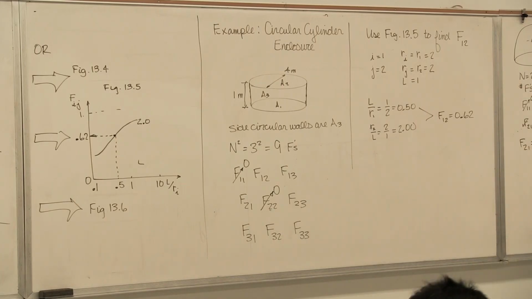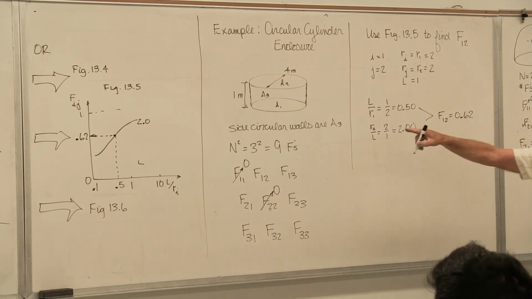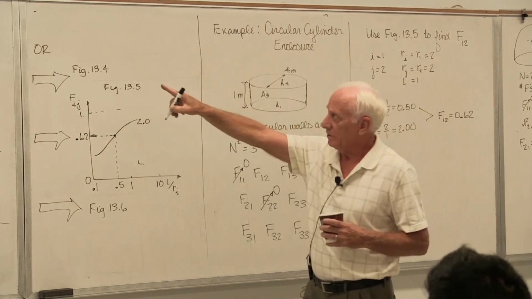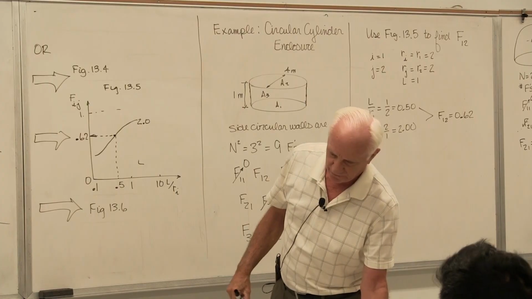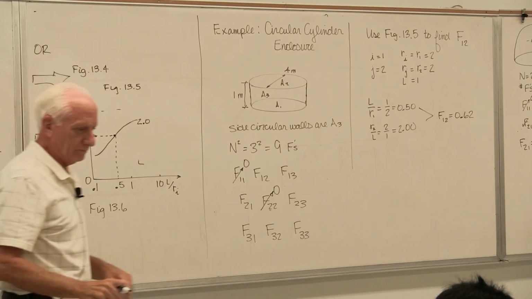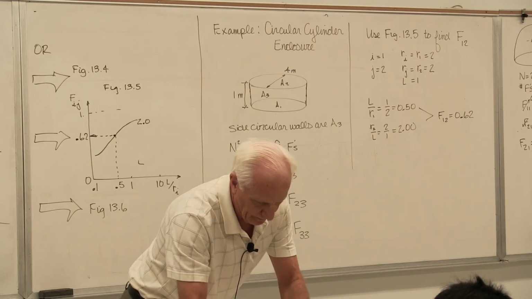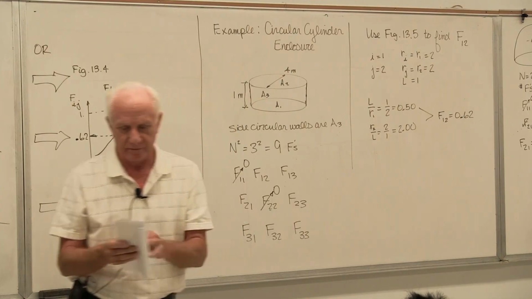Okay, so what's the difference now? We couldn't use by observation. We had to use the tables, 13.1 or 13.2, or the figures. Don't forget now, two-dimensional means, we've had it before for conduction, but just to remind you.